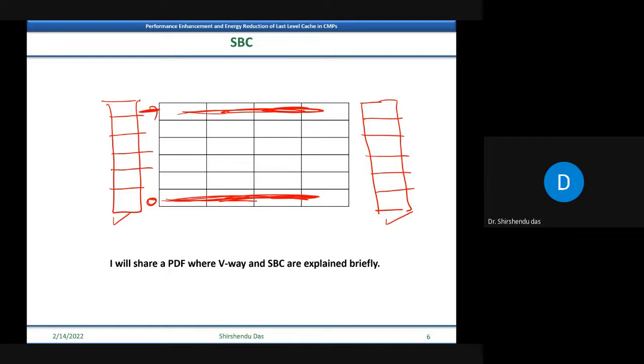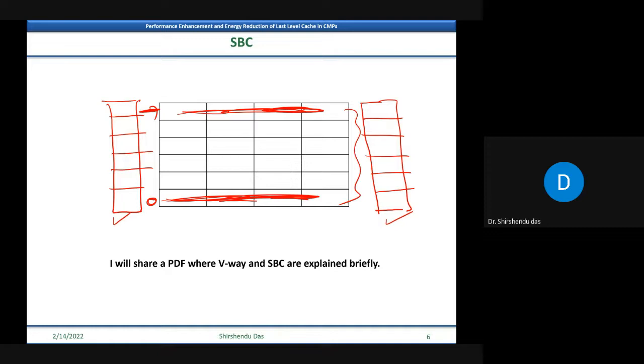Because according to this association, the first set is heavily used and the last set is lightly used, but if the last set also becomes heavily used, then we should change the association. All of this, joining two sets and then changing the association, is explained properly in this paper, so you can read it.